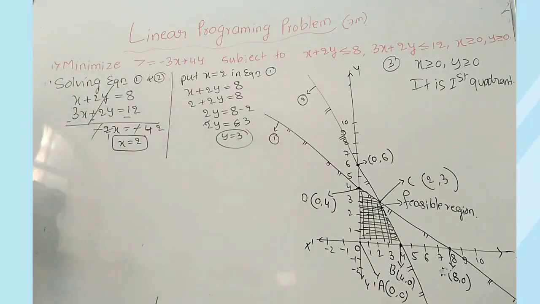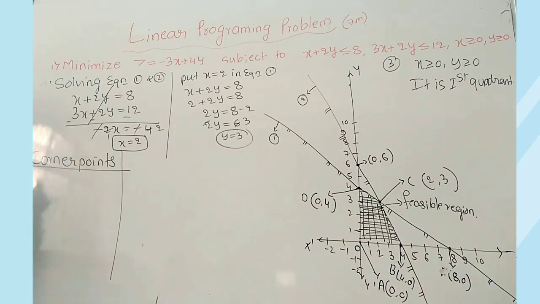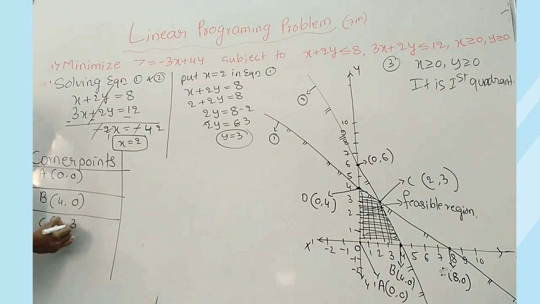Now I will write the corner points. Tell me, my dear students, what are our corner points? Capital A 0, 0. Then capital B 4, 0. Capital C 2, 3.